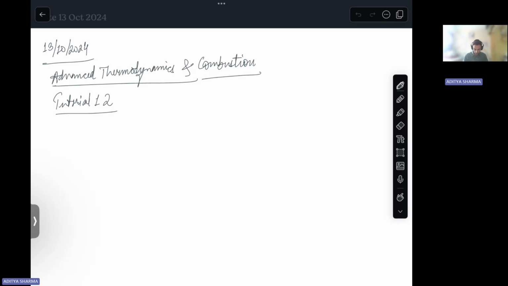I hope you all remember what a non-premixed combustion system is. Basically, one where the fuel and oxidizer are not pre-mixed before combustion. In this type of combustion, when the fuel and oxidizer diffuse, this gives rise to combustion. This is how we differentiate this type of combustion system from a pre-mixed combustion system.